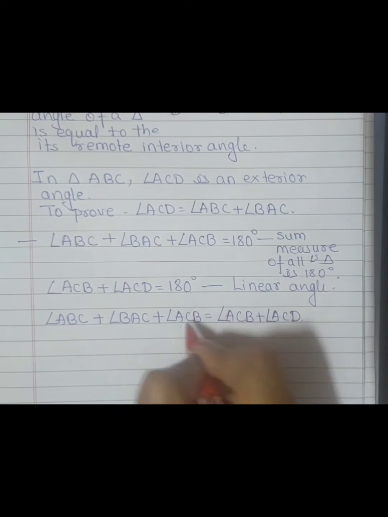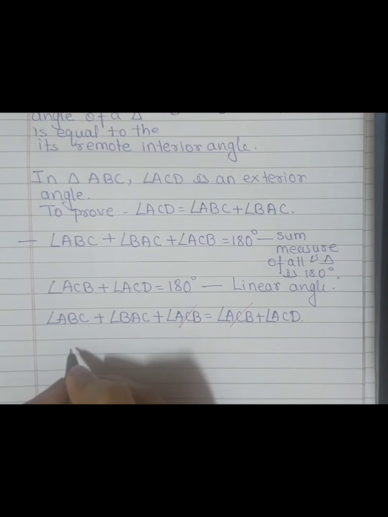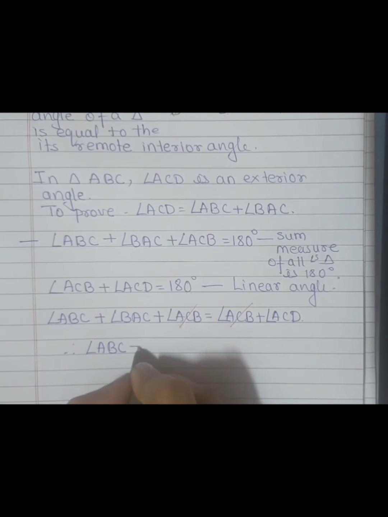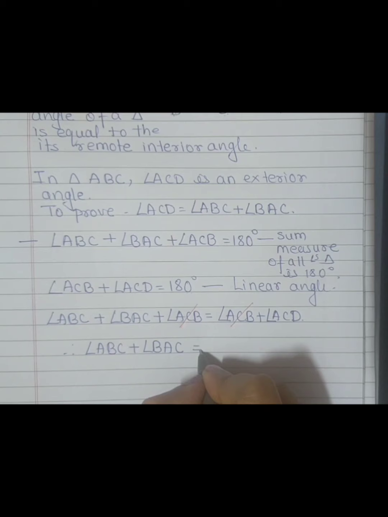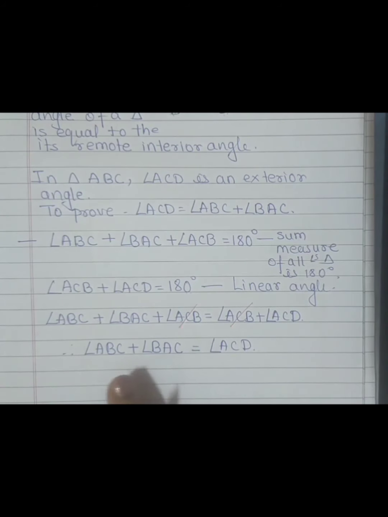We are going to cut this. Okay, now what remains here? Therefore angle ABC plus BAC is equal to angle ACD. So here we have proved in this theorem that angle ABC plus BAC is equal to angle ACD.